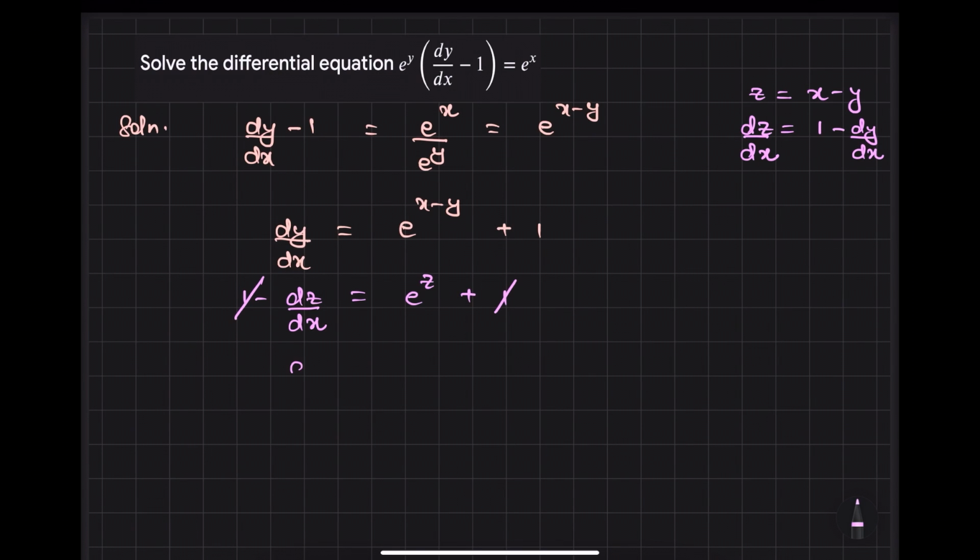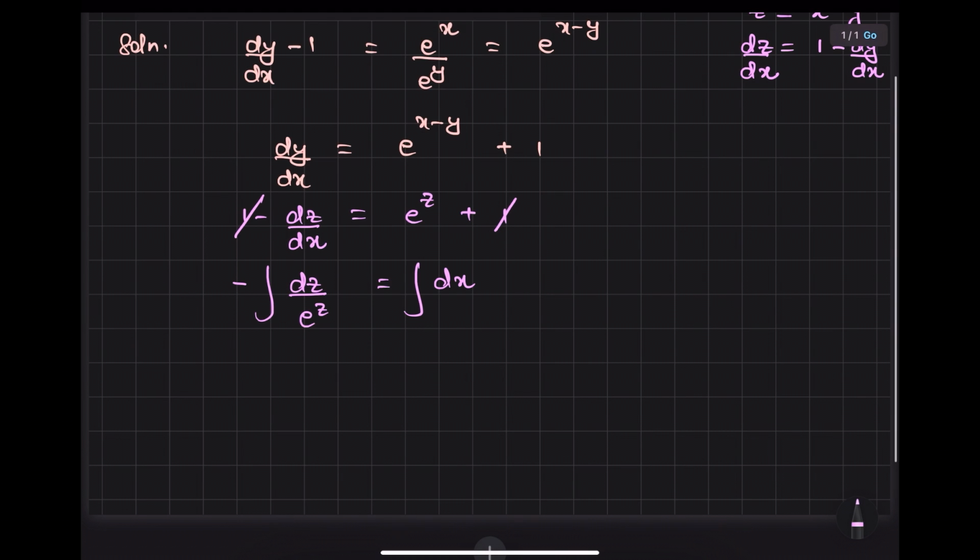So we have dz by e power z equals dx, meaning we kept the x thing on one side and the z thing on one side. Now we will integrate both the things. If you observe, can I write this as minus integration of e power minus z dz is equal to dx? Now let's do the integration.